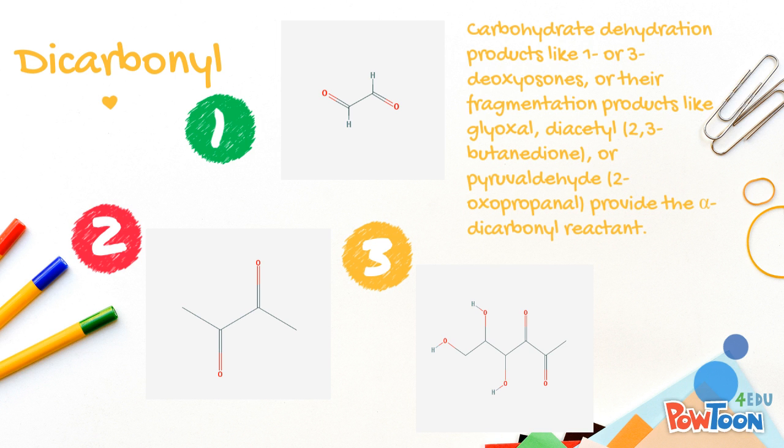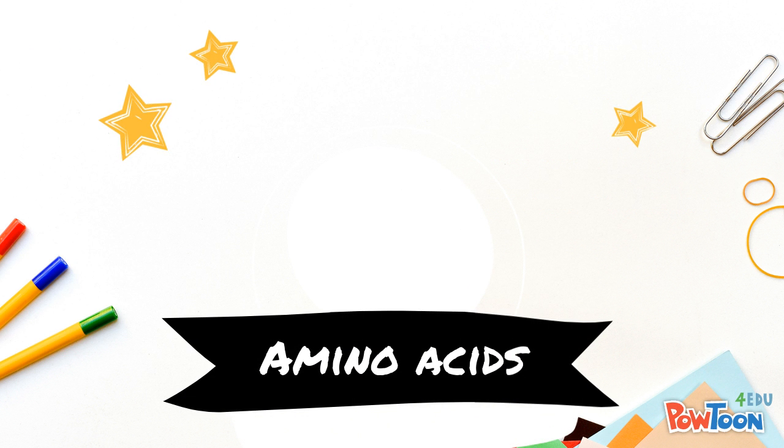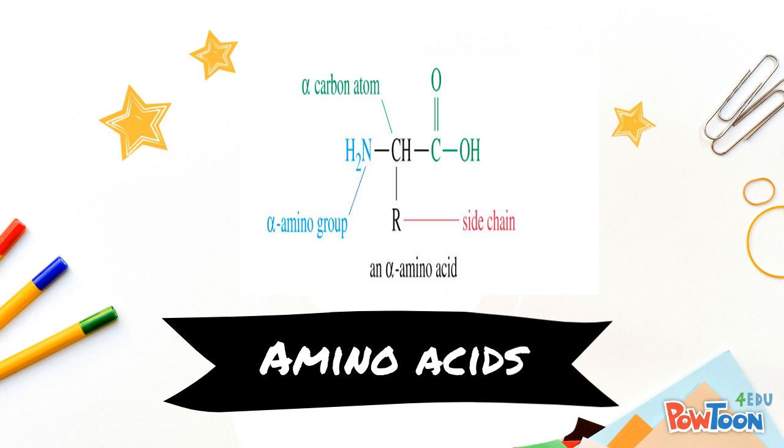Often, carbohydrate dehydration products and their fragmentation products provide the alpha-dicarbonyl reactant. One advantage of using reactive carbonyl components is that it may be possible to produce cooked aroma even at relatively low temperature.